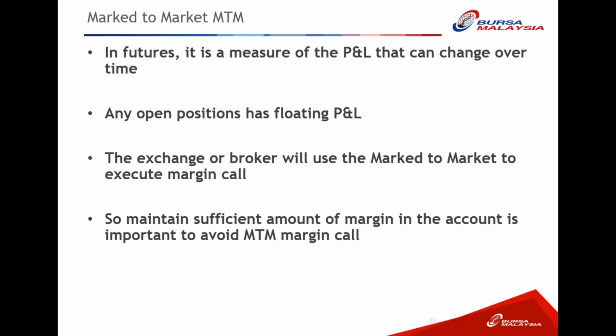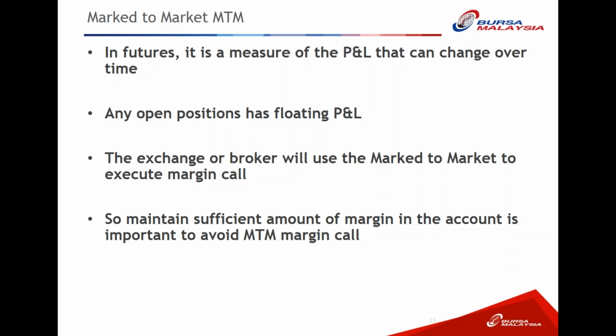But if you're trading multiple contracts, you buy January, you sell February, then you buy March, and then you buy April, you sell May contracts, you need a very robust system to calculate your P&L. So any open position will have a floating P&L, which your broker and exchange will calculate for you, and they do a mark to market to their settlement price.